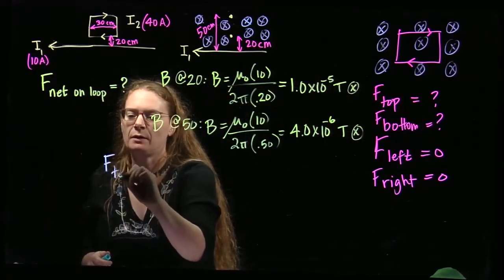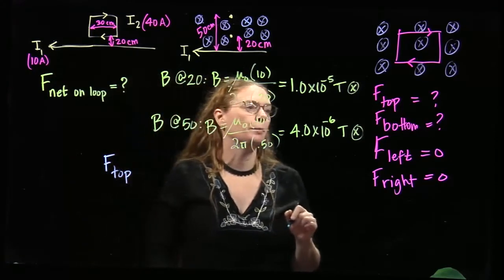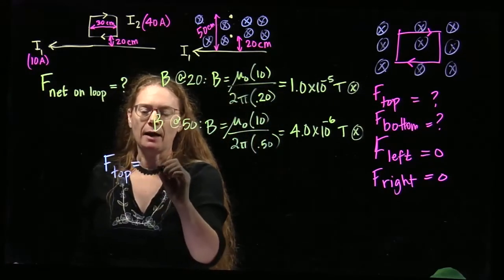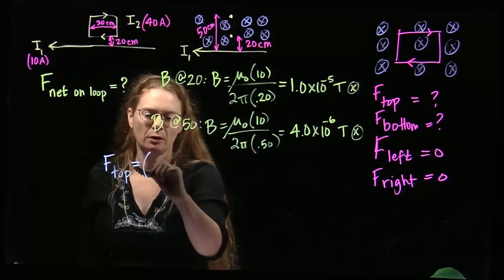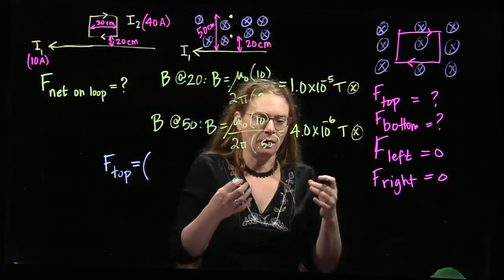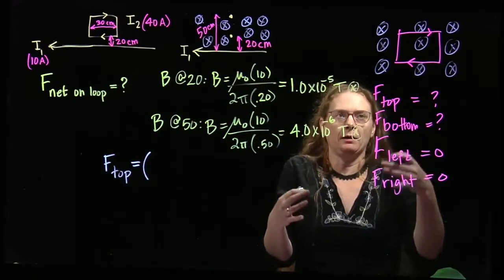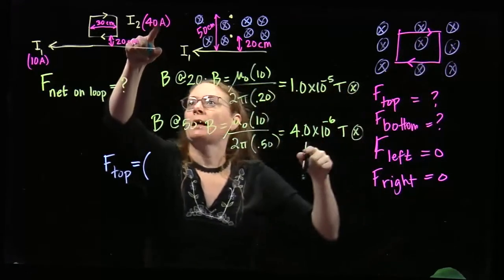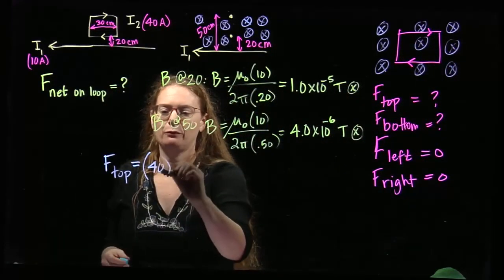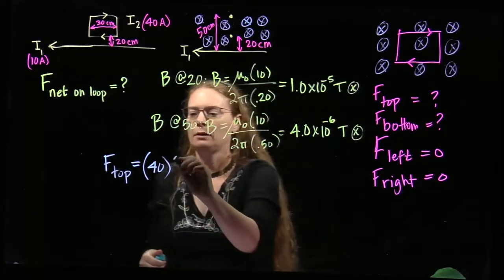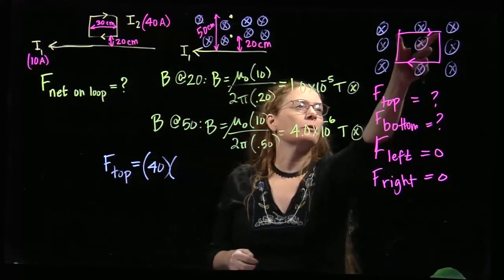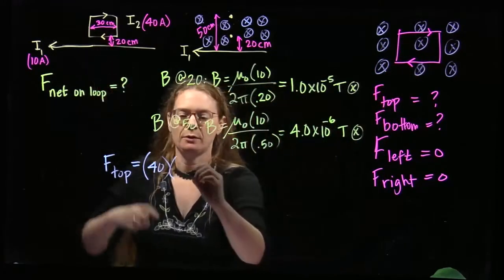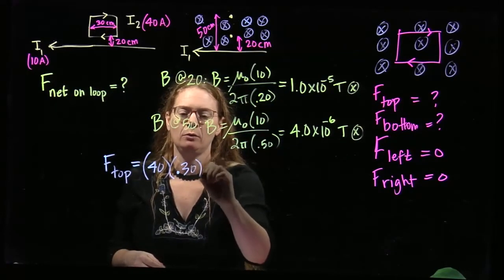So the force on the top bit of the loop is ILB sine theta. So the current, and now this is the current of the thing that's in the magnetic field. So that's the current that's going here, which is I2, which is 40 amps. The length, what is the length I'm dealing with? It's one side of that square, so it's 30 centimeters, 0.30.